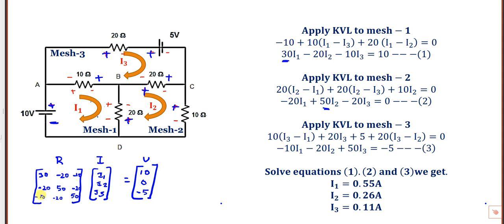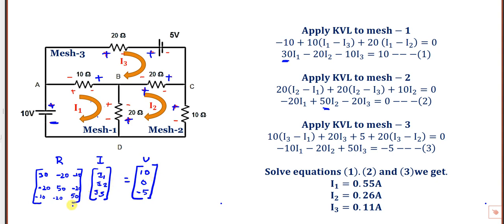Common to 1 and 3 is the same as 3 and 1. Common to 2 and 3 is the same as 3 and 2. One more thing, while writing voltages in the clockwise direction, if you get clockwise minus to plus, that becomes the opposite. Plus here and plus to minus there, so plus 5 means you will get minus 5 here.